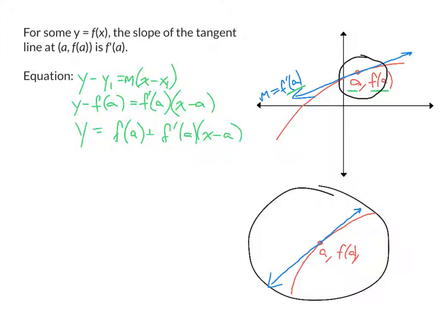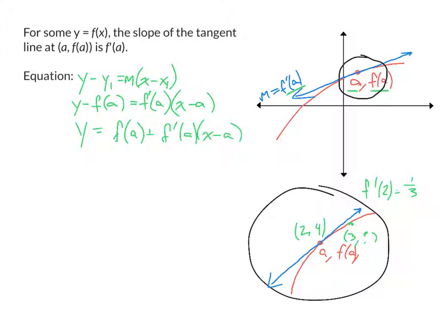So suppose that instead of a comma f of a, I knew that this point was, let's say, 2 comma 4, and that f prime of 2 we could find to be 1/3. Now I can approximate what my value is at 3 using this equation over here.